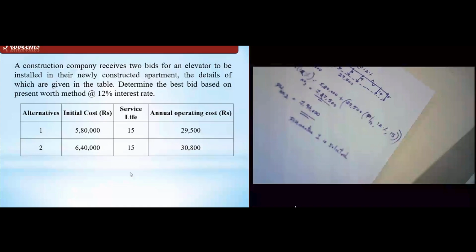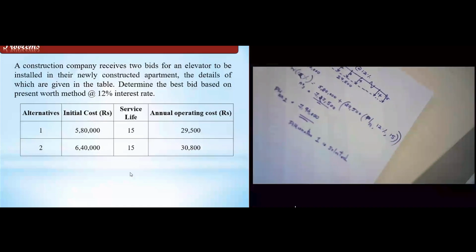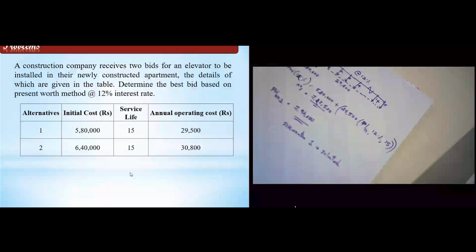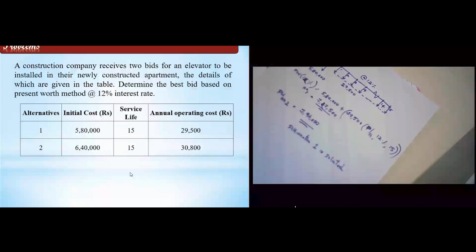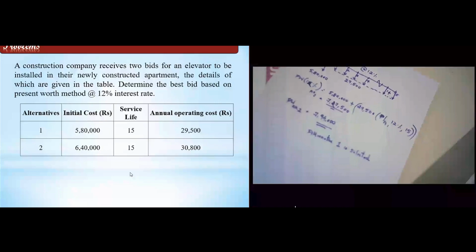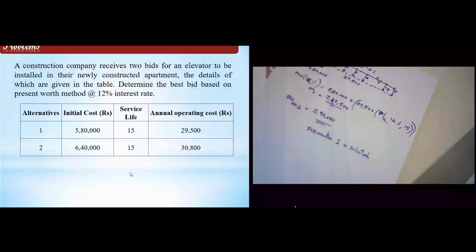So any confusion, any doubts here? This is a cost dominated cash flow diagram. Please check with the answers.